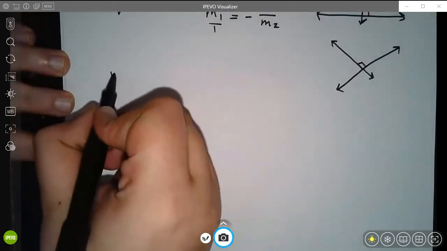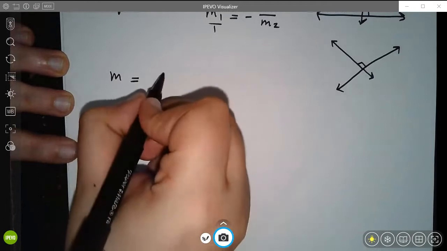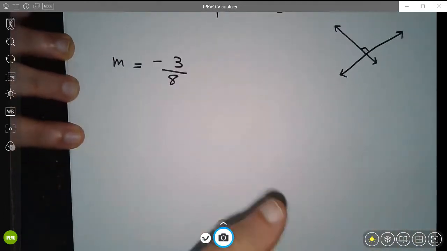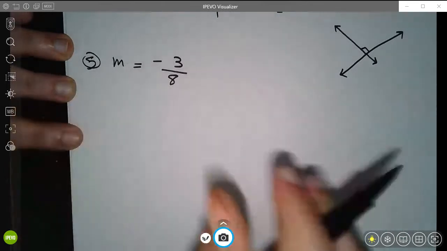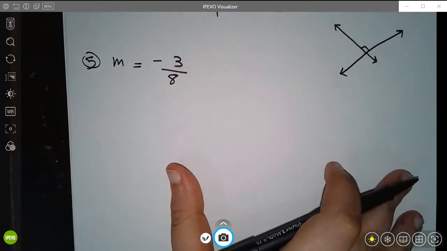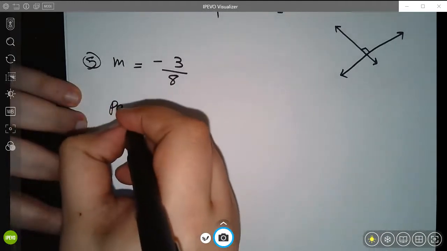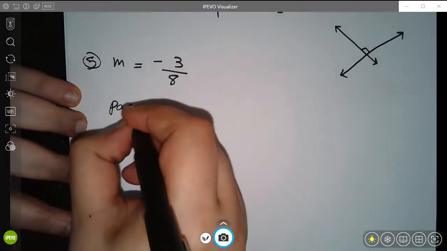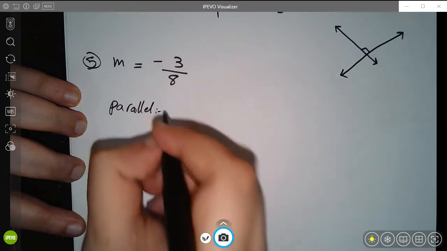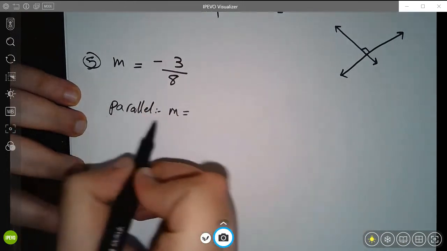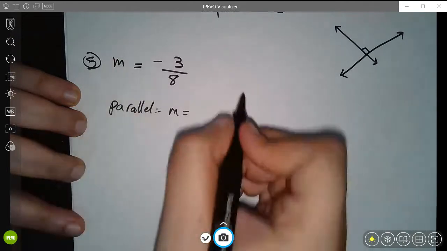Let's say this right here is the slope I want you to test out. It's negative 3 over 8. This is example number 5 in the notes, by the way. Now tell me what would be the slope for a line that is parallel. So this line is parallel to that one.